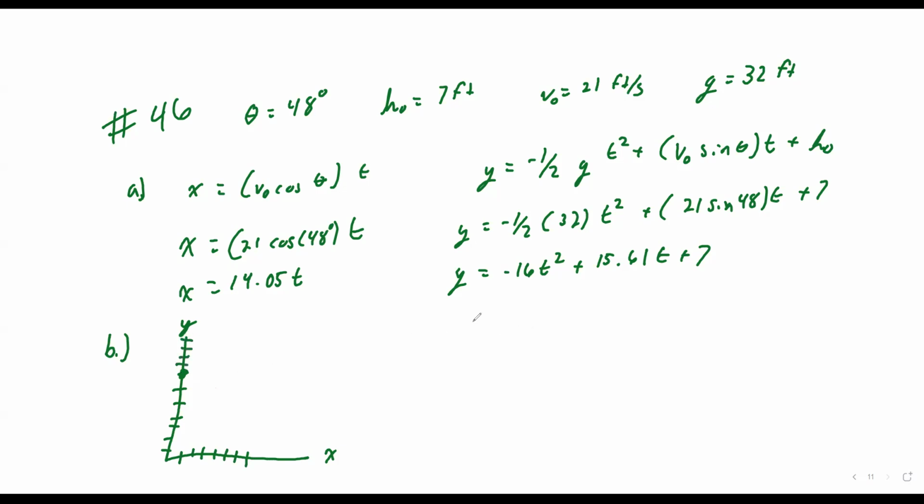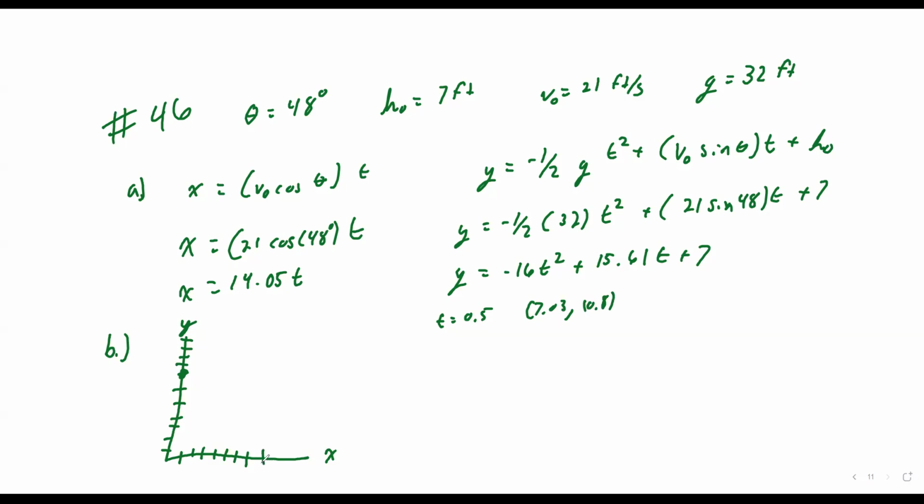So again, when I plug t in for 0.5, I got x equals 7.03, comma, 10.8.